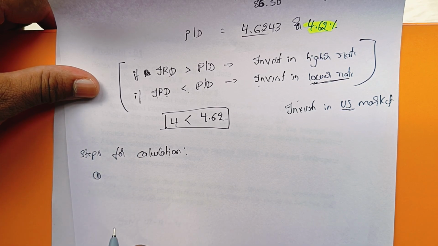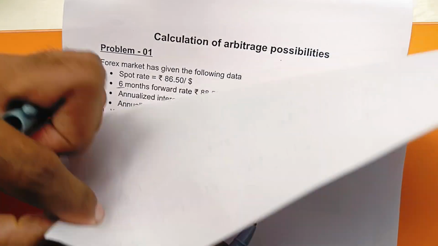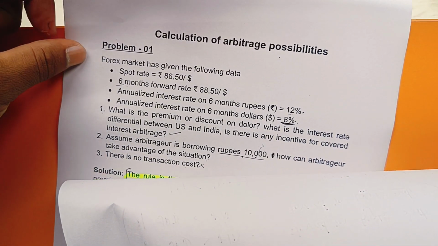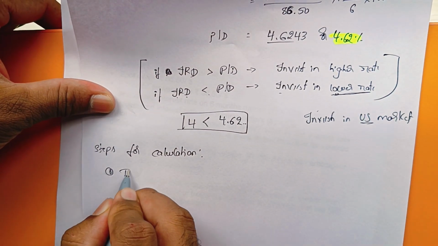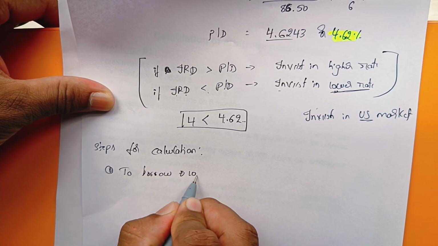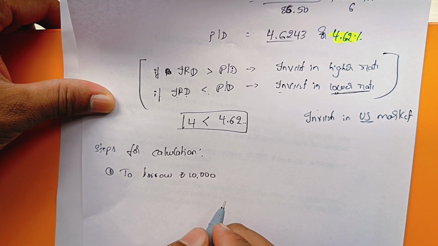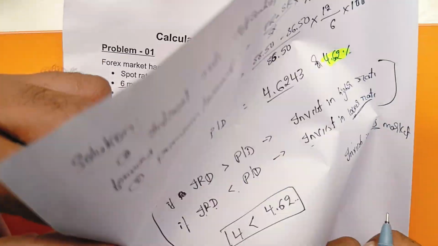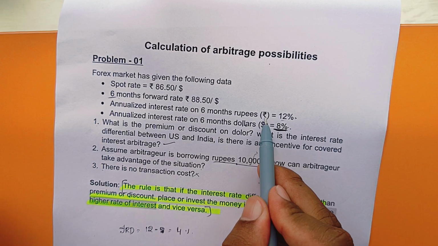Then first step, what is the first step? He is going to borrow rupees 10,000. Simply is he going to borrow the amount? No, he can't borrow simply. There is an interest rate.